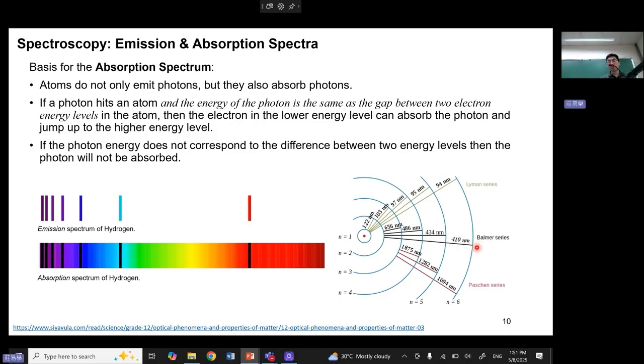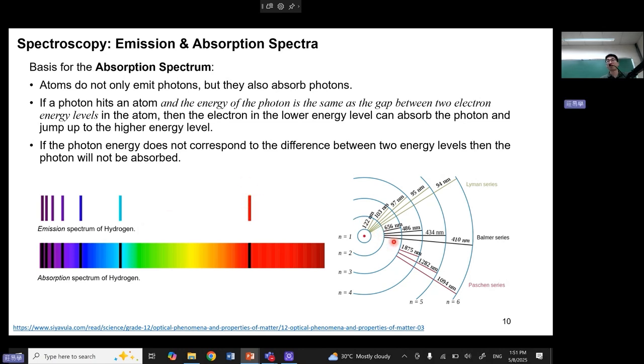So when the excited electron is returning from n equal to 6 to n equal to 2, you get this light. And when the excited electron is returning from n equal to 3 to n equal to 2, you get this one.